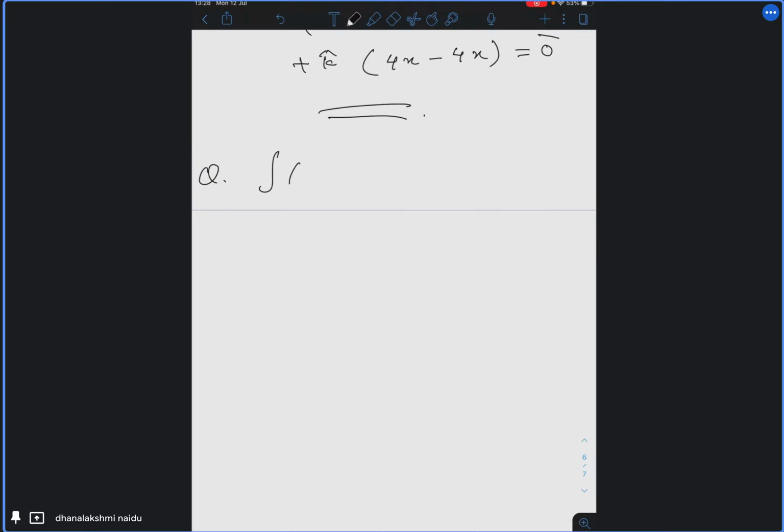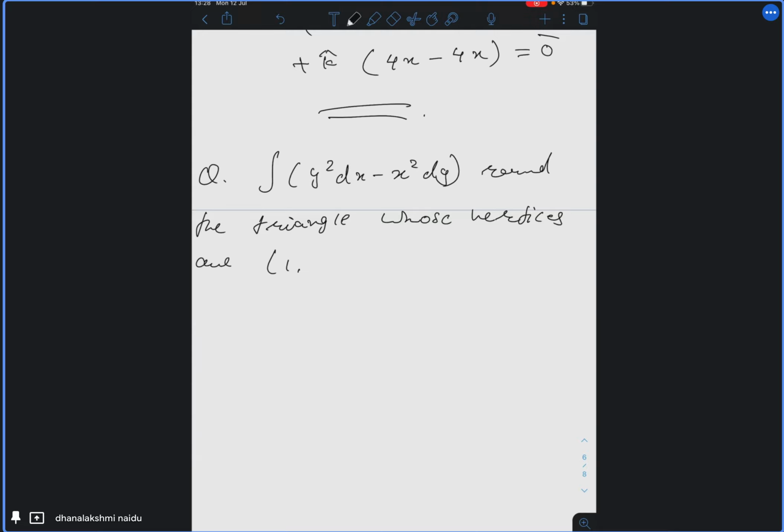Compute the line integral y square dx minus x square dy. It's already f bar dot dr bar, the value is given to you. Y square dx minus x square dy, around the triangle whose vertices are (1, 0), (0, 1), (-1, 0) in the xy plane.